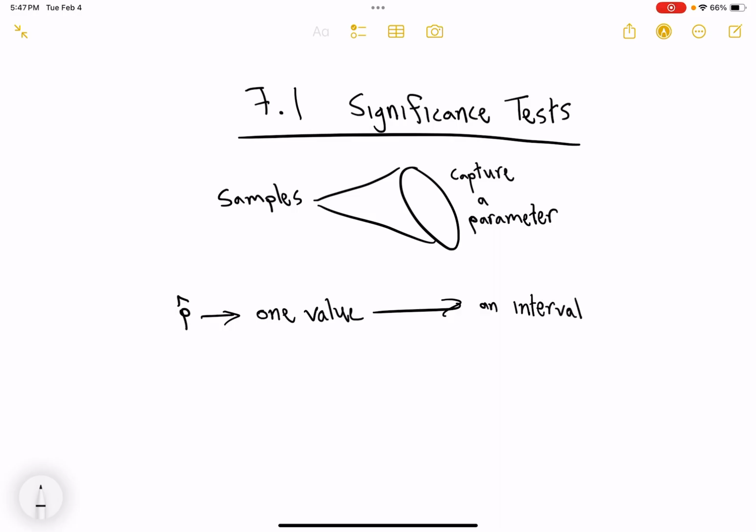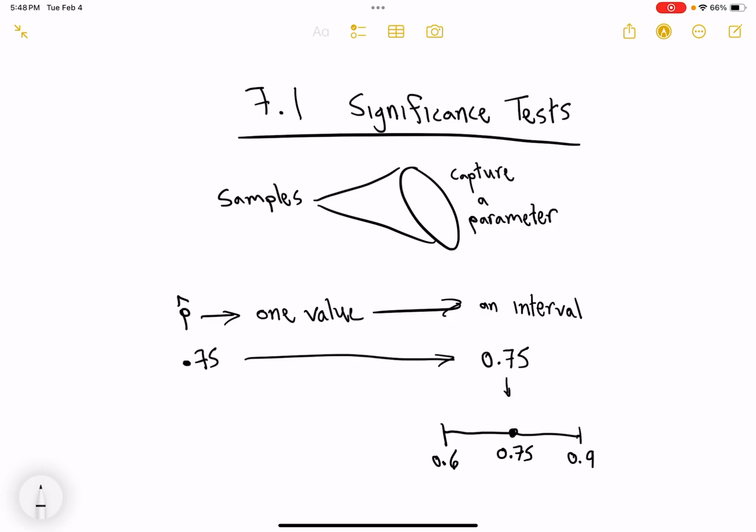Let's say our p-hat in a particular instance was 0.75. It allowed us to go from that singular value of 0.75 to a set of values, where 0.75 would be the middle value. And we would have a plus or minus, which we called a margin of error. In this case, let's say it's 0.15, so that would mean from 0.6 to 0.9.